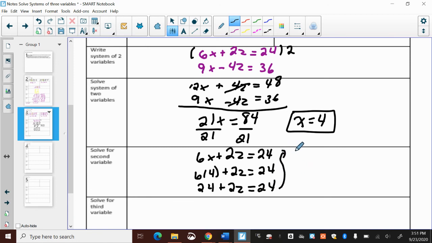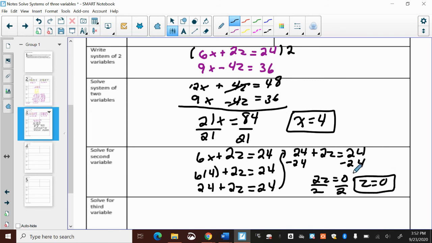I'm just going to rewrite that up here because I ran out of a little bit of space. Subtracting 24 from both sides, we get 2z is equal to 0. Dividing each side by 2, we figure out that z is equal to 0.